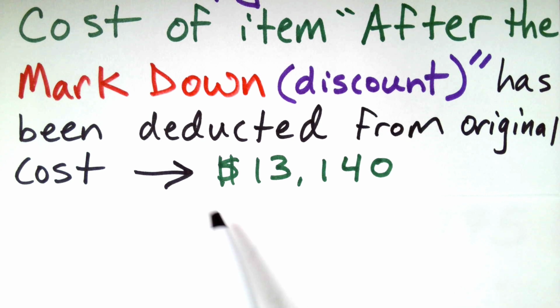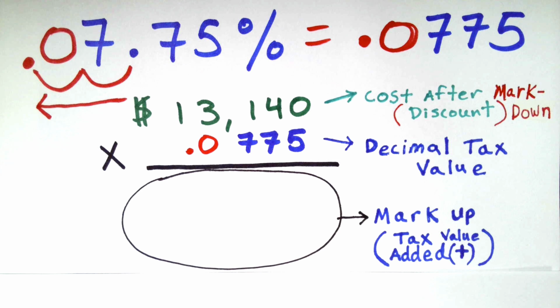In this example, the discounted price of the vehicle went from around $32,000 to $13,140. I'm going to take the tax of this amount. But first I have to change that tax percentage into a decimal. You remember how to do this.